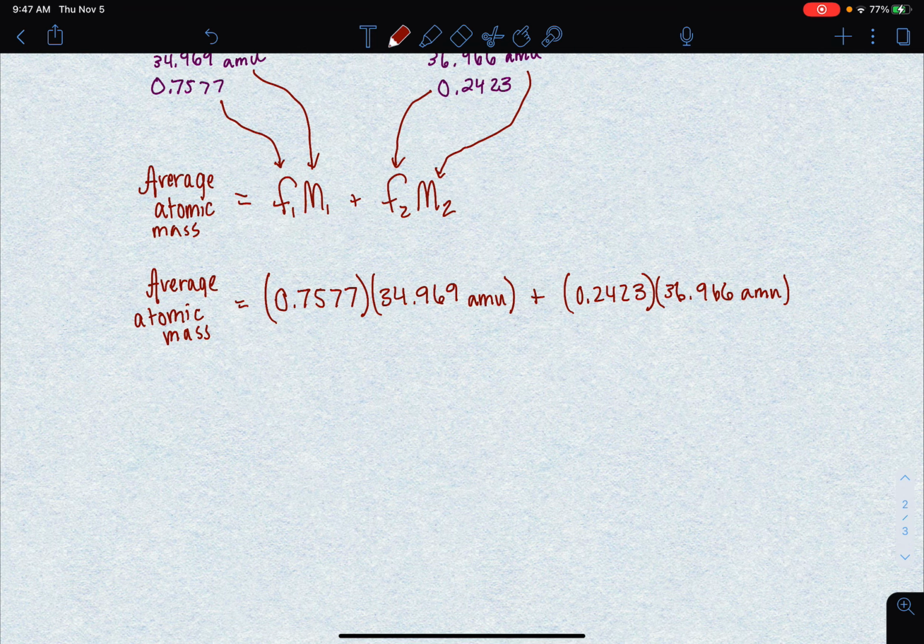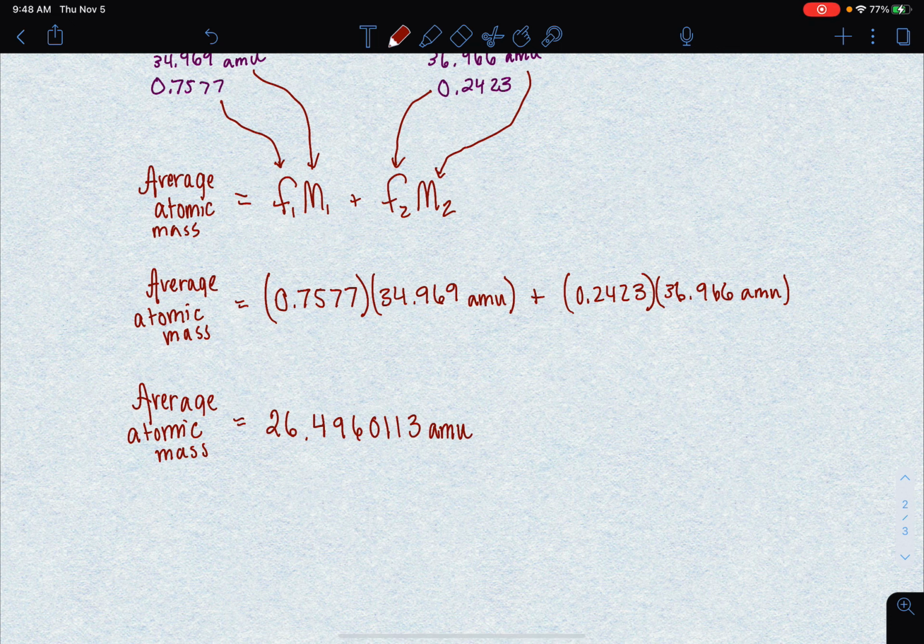Okay? So now what I'm going to do is multiply those together. You will need a calculator for this. Please don't try to do this in your head. 0.7577 times 34.969 is 26.496013. And I'll talk about sig figs in just a second.